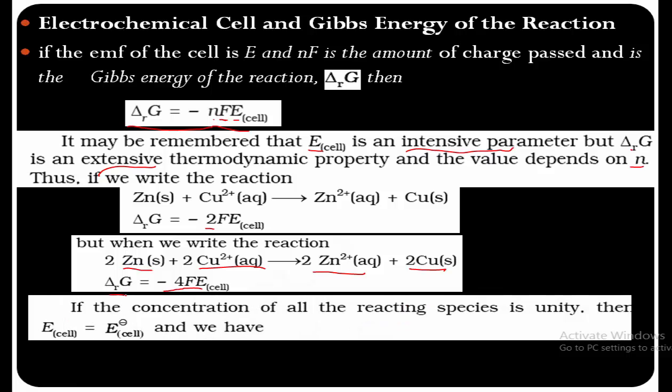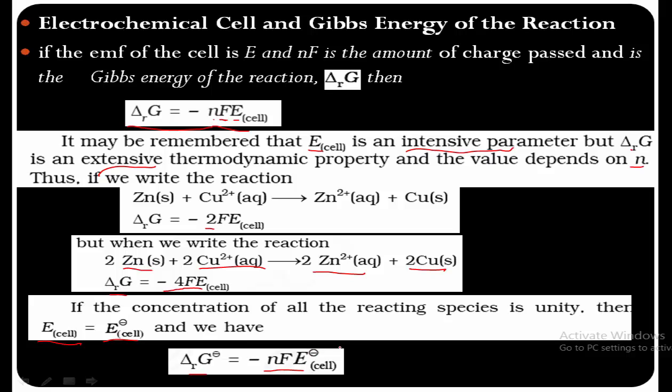So if the concentration of all the reacting species is unity, then E cell is equal to E0 cell, the standard electrode potential value. And thus we can write delta Gr is equal to minus nF E0 cell.